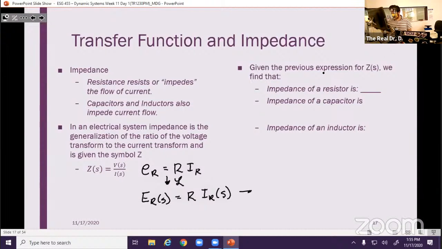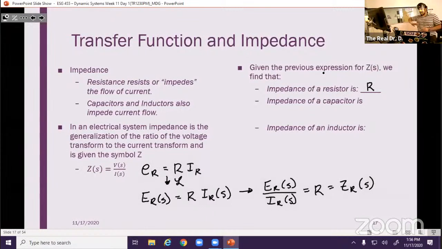So I can make that happen. Voltage of S over current of S is equal to R. So the impedance of my resistance is just my resistance.